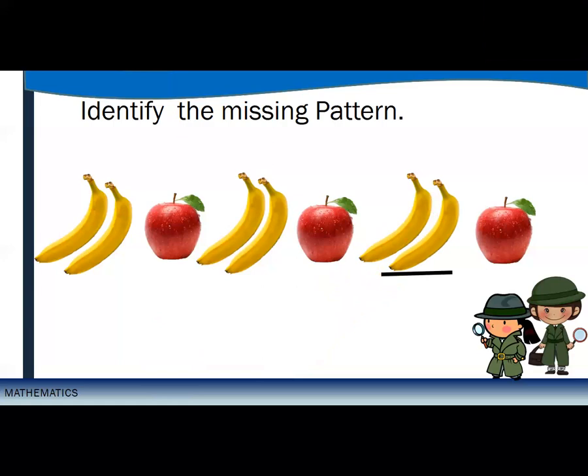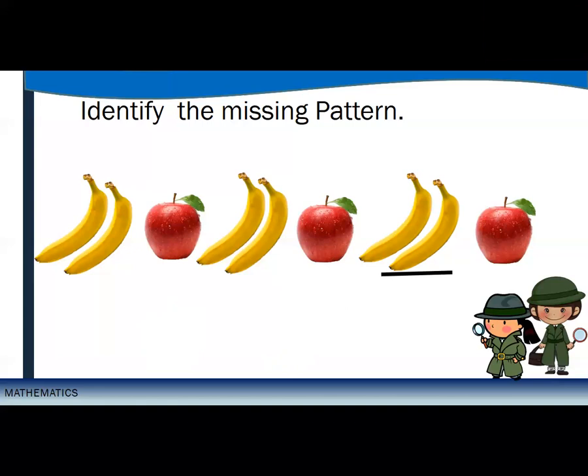And next, 2 bananas, followed by 1 apple, and then 2 bananas, followed by 1 apple. Boys and girls, if you said the missing pattern is a banana, you are correct.